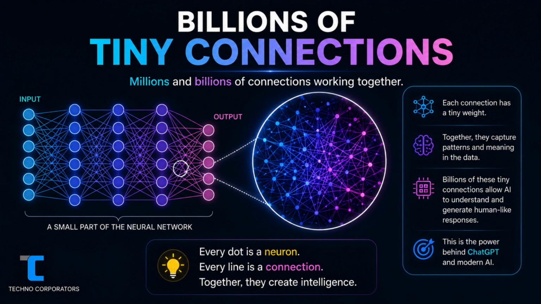Modern AI models contain billions of these tiny connections, often called parameters. Each connection contributes a small part to the final prediction. Alone, a single connection does very little. But when billions of them work together, they enable the AI to recognize patterns, understand context, and generate surprisingly natural responses.